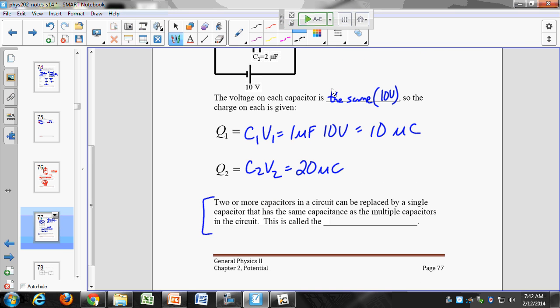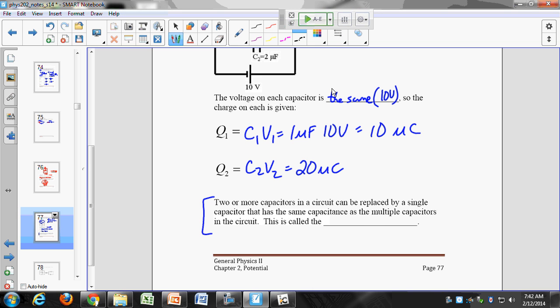If I have two or more capacitors, I can replace them with what we call an equivalent capacitor. You haven't done resistors in series and parallel yet in lab, have you? You just did Ohm's law? Okay, so your next lab, you'll deal a lot with equivalent resistance, and we'll deal with capacitance in a similar way, where I can take a lot of capacitors and condense them down into one equivalent capacitor.